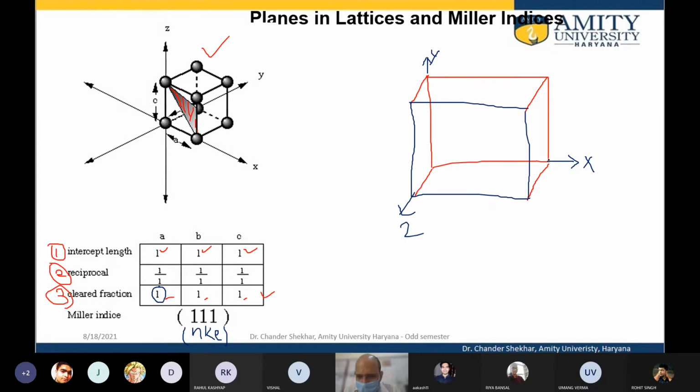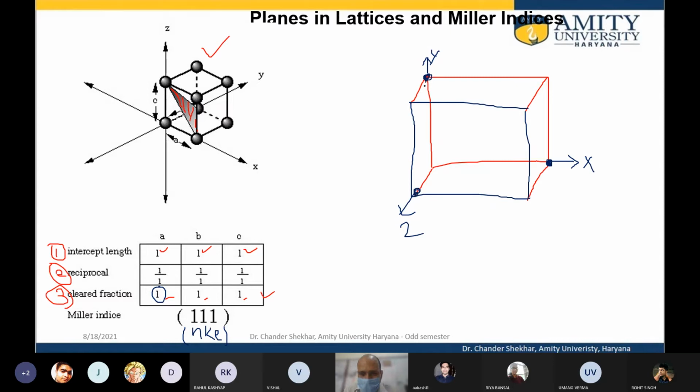So along x it means it has a lattice point at the corner of the cube, and so it intersects at that particular point. Along y, again it is at 1, and along z it is at 1.